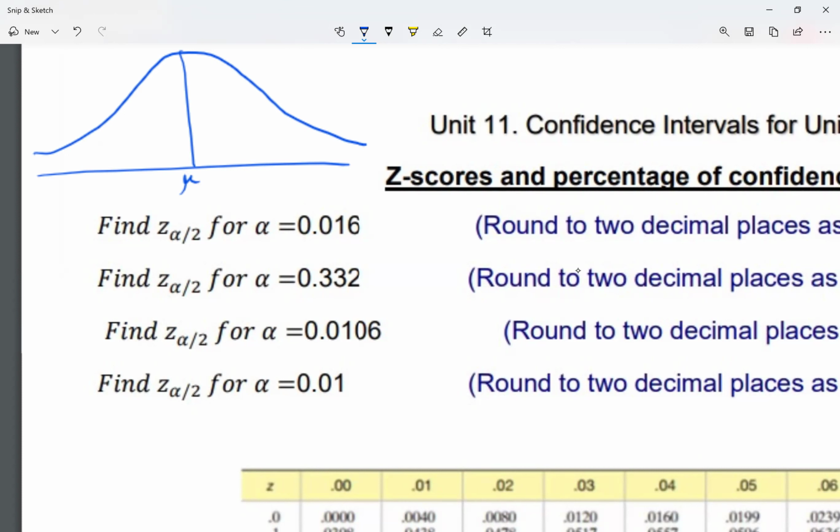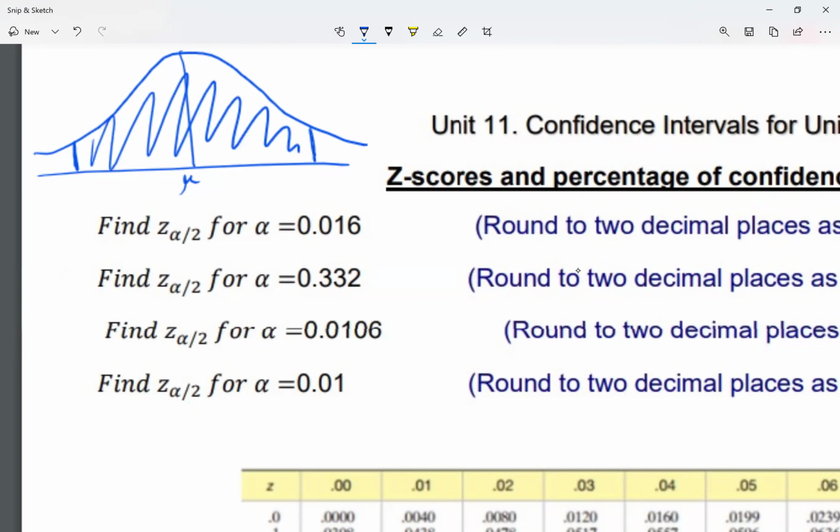Now I'm just going to ask here, how confident are you, or what's the C-score for the area outside of our area, which is 0.016. Now when you think about that, that's kind of like 1.6%. I want to know how confident you are that it's here.